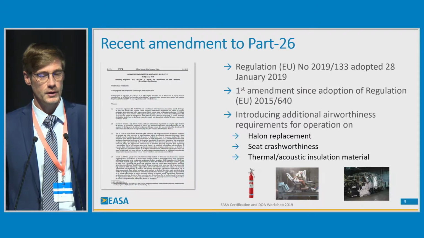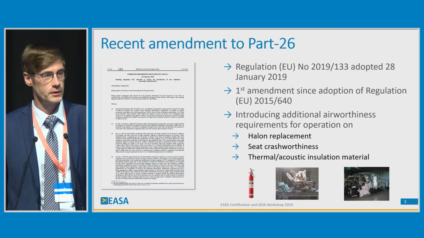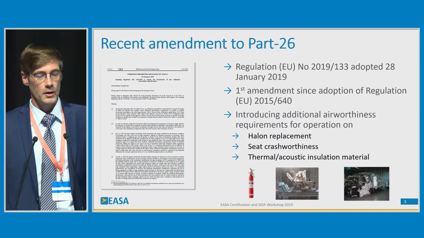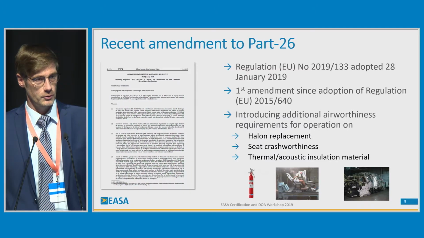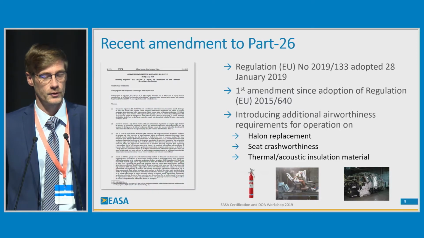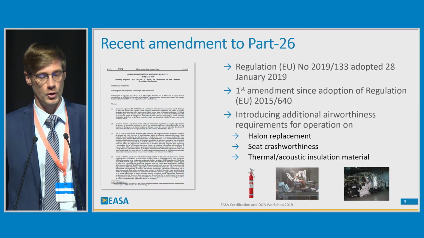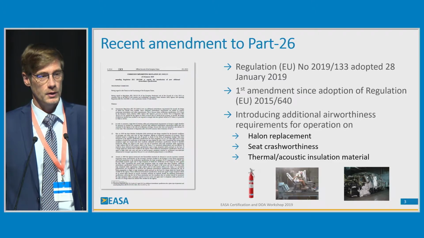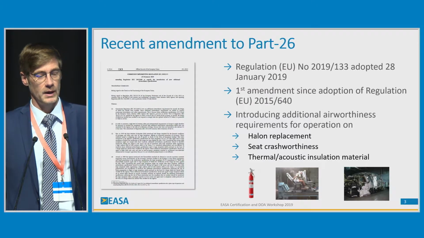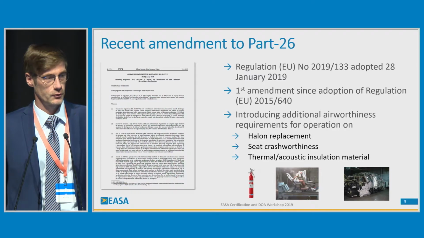Now, beginning of this year, with regulation 2019/133, which was adopted in January, for the first time we introduce new additional airworthiness requirements, new Part 26 requirements for operations. And this regulation introduces three topics: replacement of halon, seat crashworthiness, and thermal acoustic insulation material.